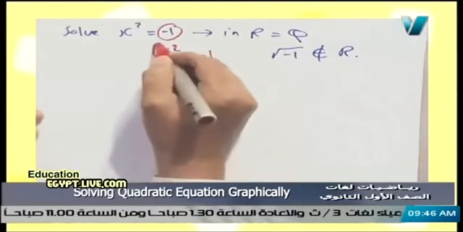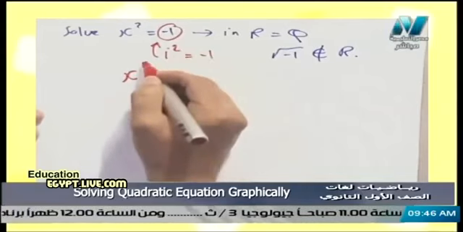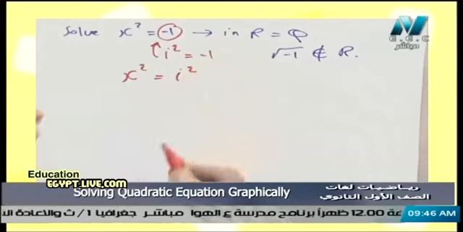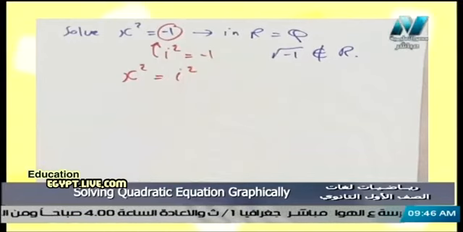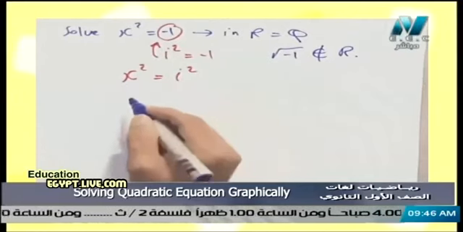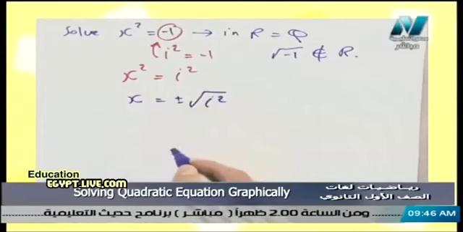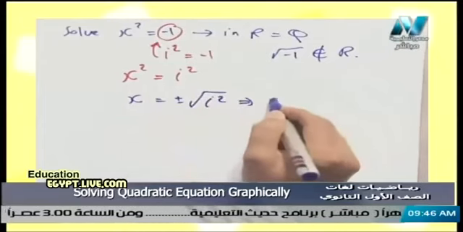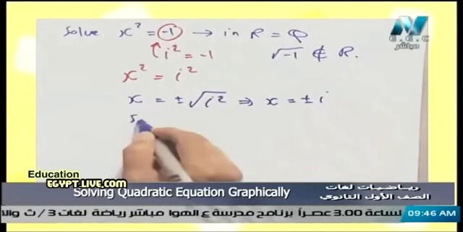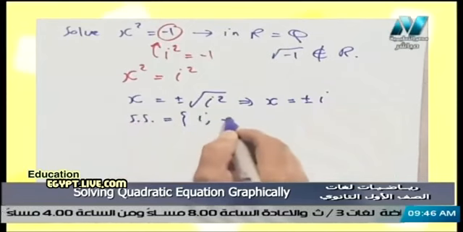So when we substitute i power 2 instead of -1, the equation will be like that: x power 2 equals i power 2. And by taking the square root of the two sides, x will be positive or negative square root of i power 2, and also x will be equal to positive or negative i. So the solution set here will be i and negative i.